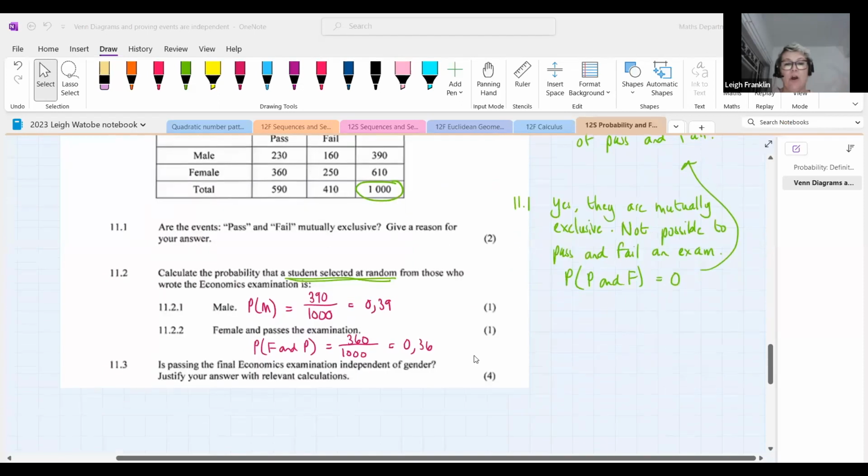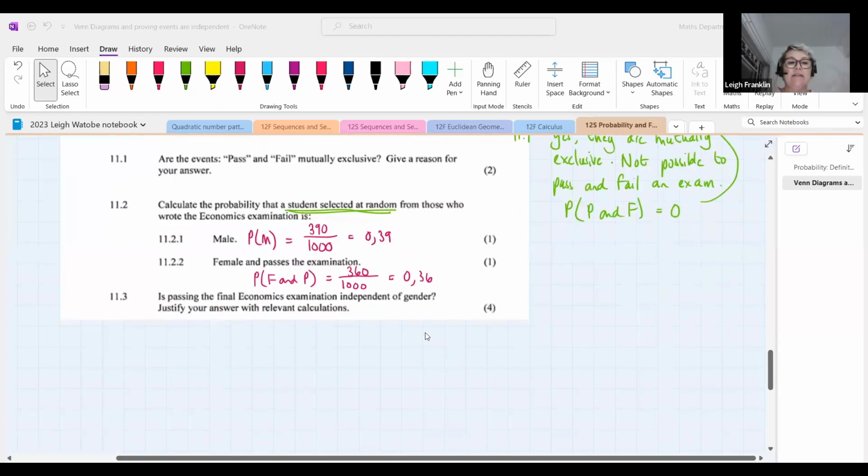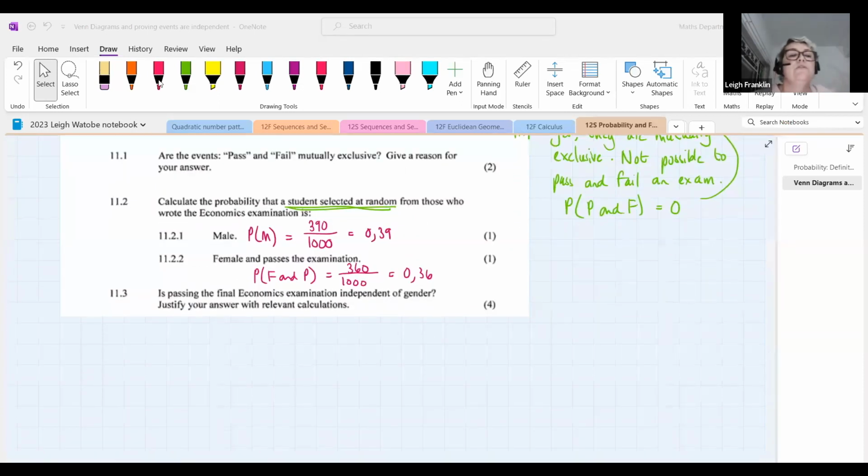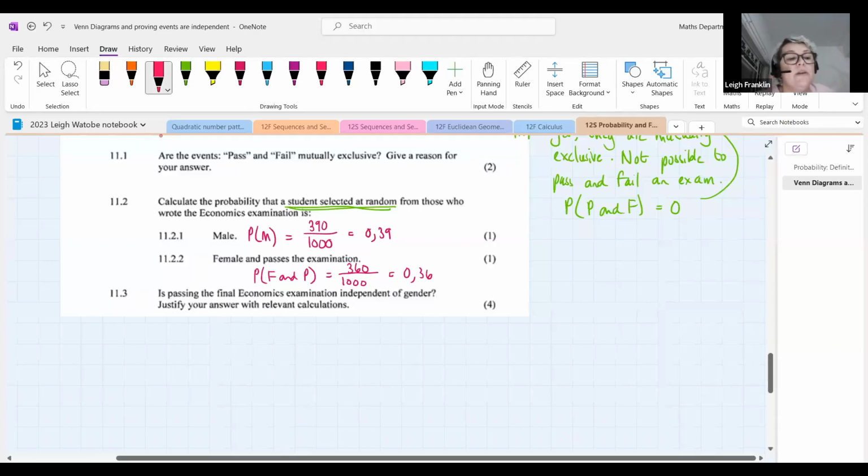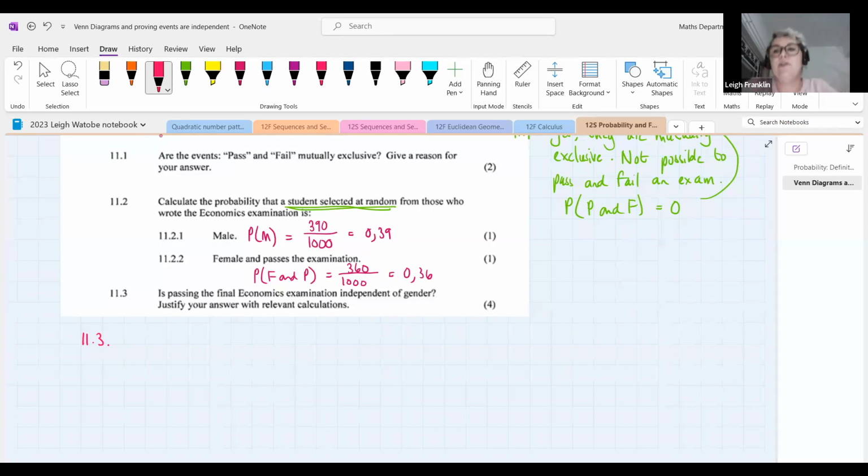Does anybody have any idea how to answer this question? We've got to do some calculations. There's a specific formula that they want us to use. Does anybody know what that formula is, and how would we know that they want us to use it? Any ideas here?